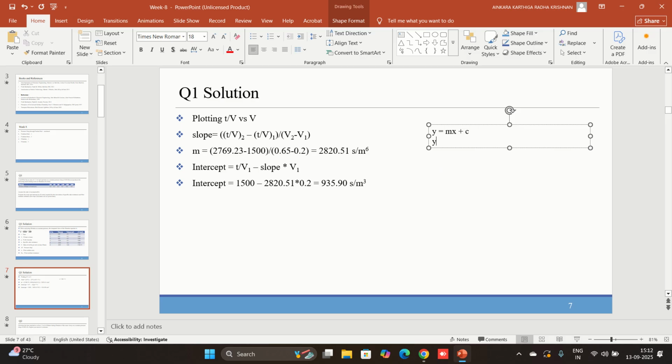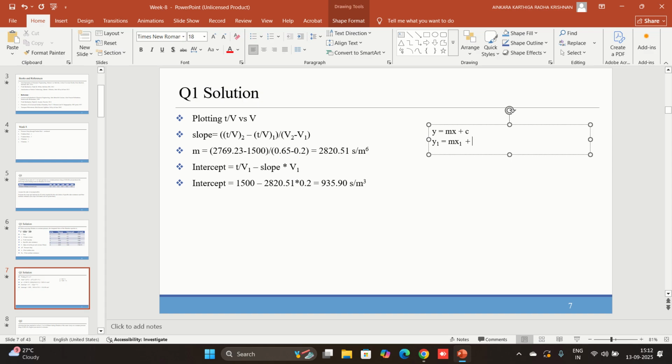Now let us consider one point, y1 equal to mx1 plus c. m and c are constant for that particular line equation.